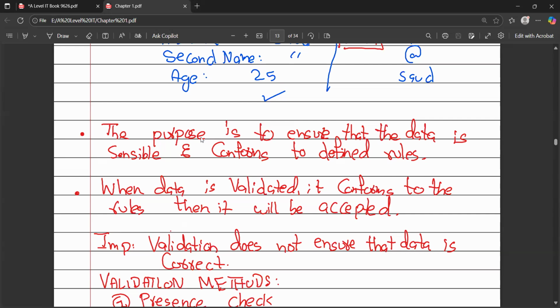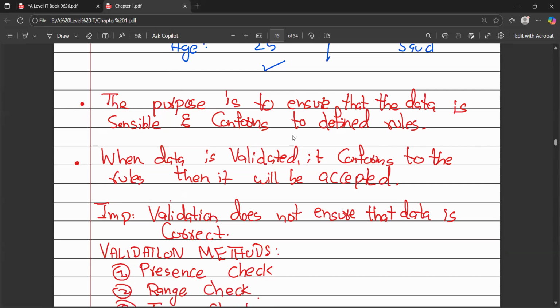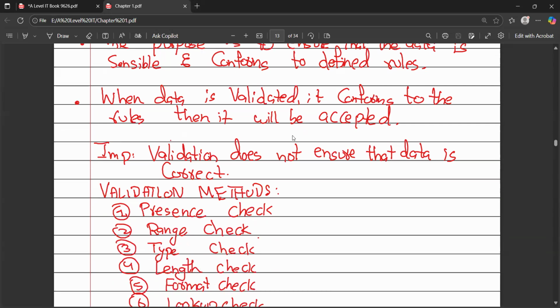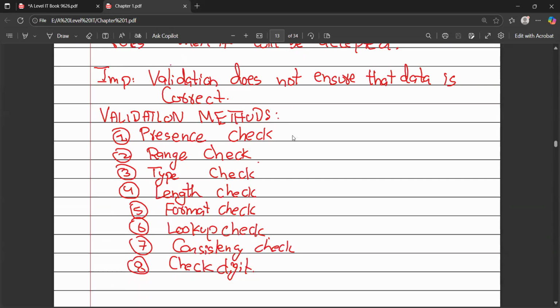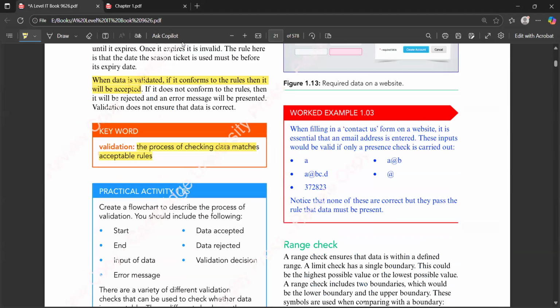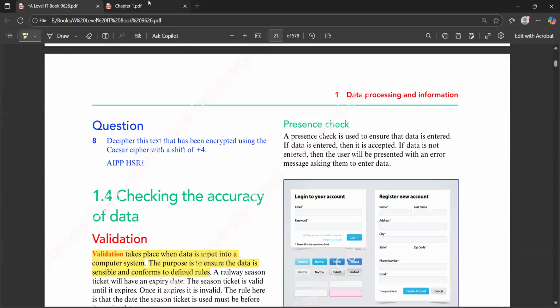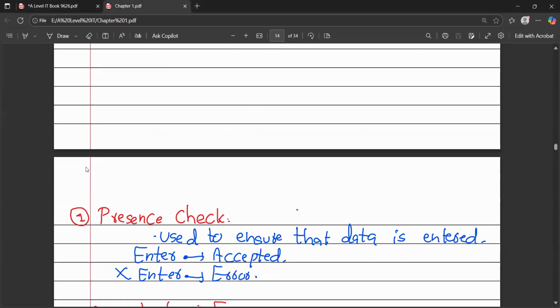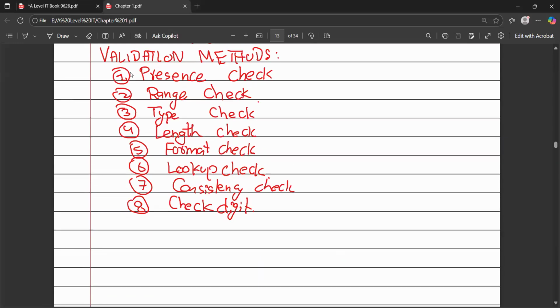So the first thing is that your data has to be validated and conform to the rules, then it will be accepted. An important point is that validation does not ensure that your data is 100% accurate. For this, we are going to discuss a number of validation methods.